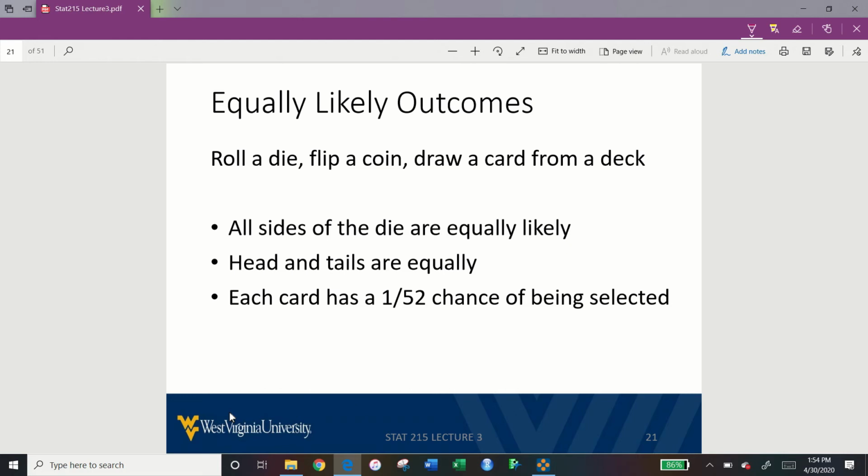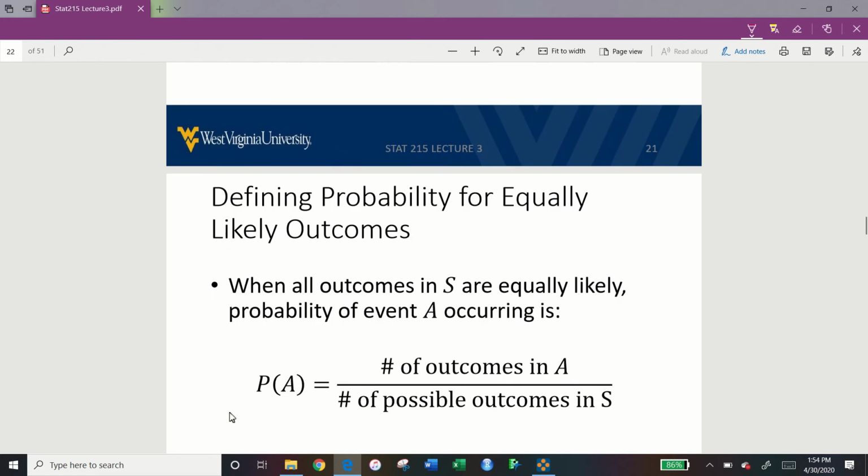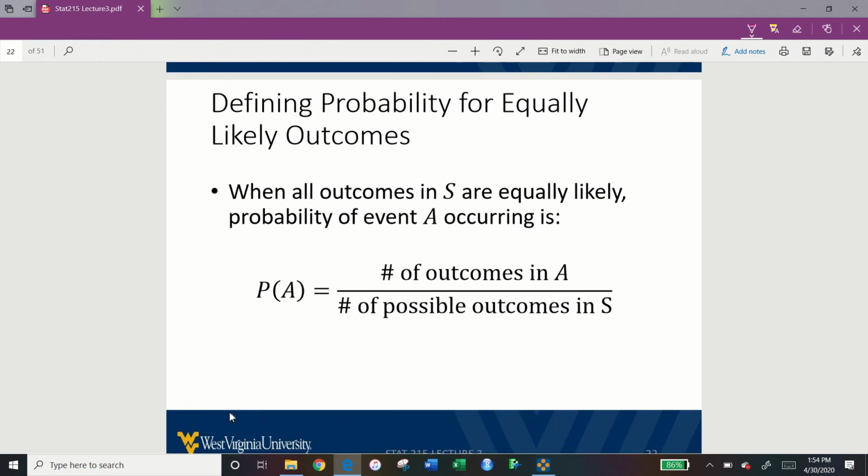And pulling a card from a deck, you have a 1 in 52 chance of any of those cards being selected. Next, we can define probability for our equally likely outcomes. When all outcomes in our sample space are equally likely, then the probability of event A occurring is the number of outcomes in A over the number of possible outcomes in our sample space.